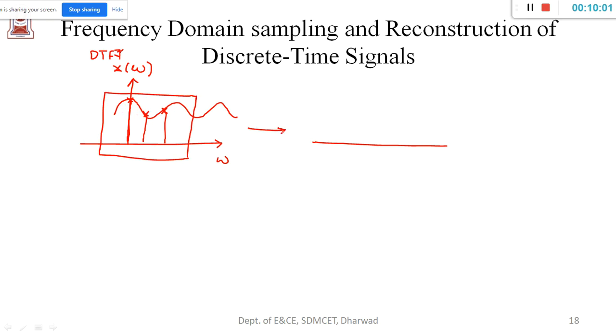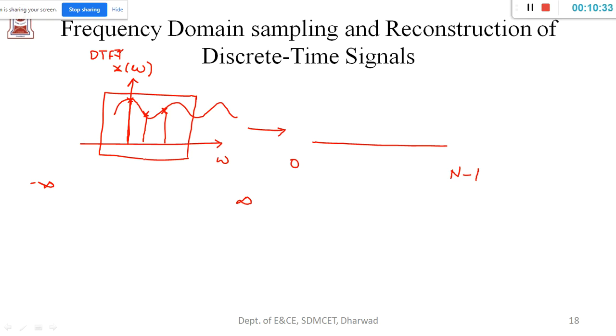Now what we did in DFT, for the cycle we considered 0 to N minus 1. Instead of minus infinity to plus infinity, which is practically not possible to analyze, we have to go for a finite number of samples. We consider that as N number of samples, and if 0 is my first sample, then the last sample is N minus 1.